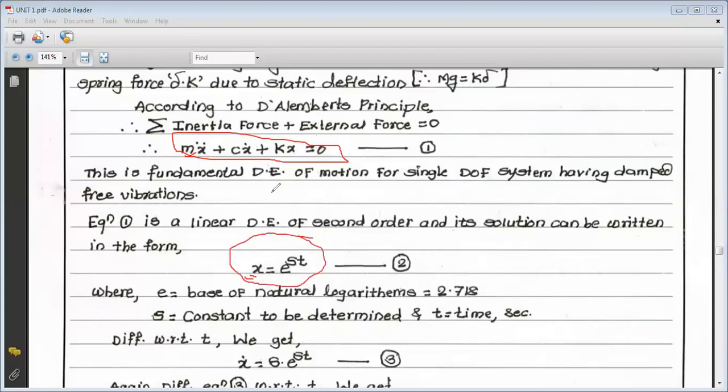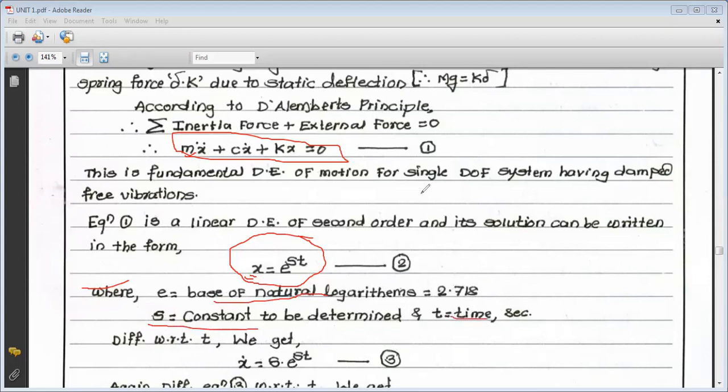Here x is the displacement, e is the base of natural logarithm, which is 2.718, s is a constant to be determined, and t is the time in seconds.